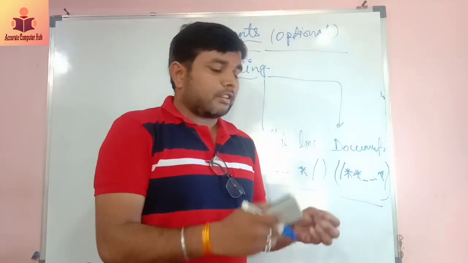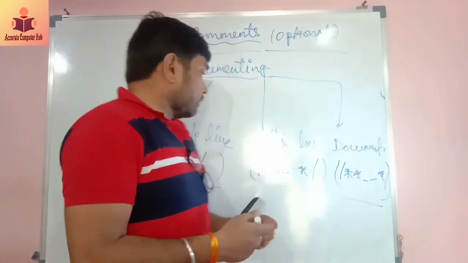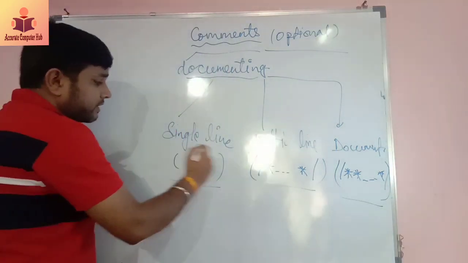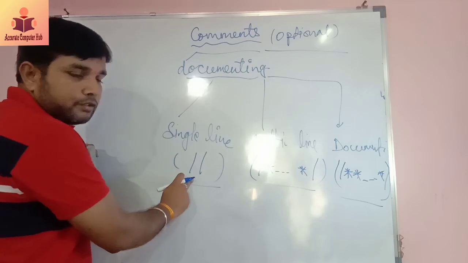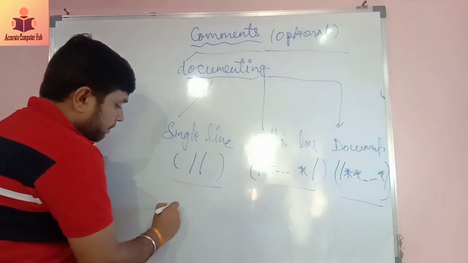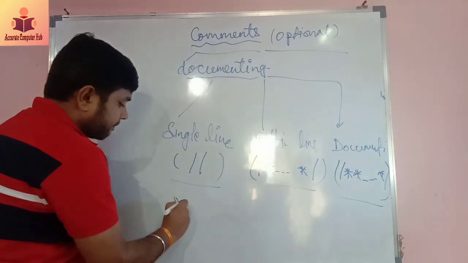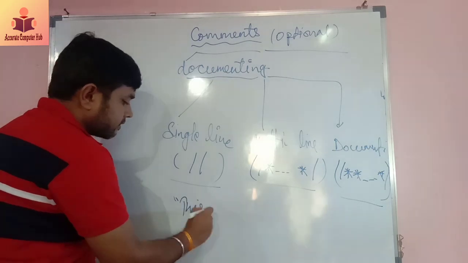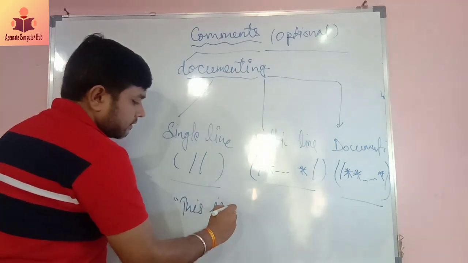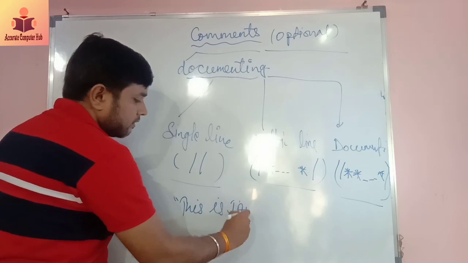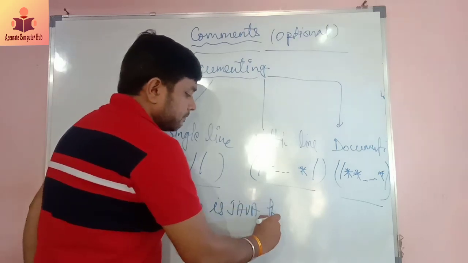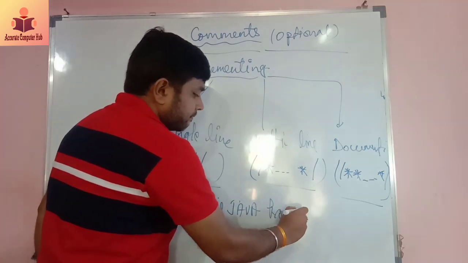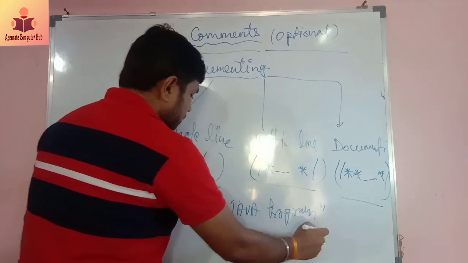Now how can we use these comments? If you want to make one single line a comment, then you have to use double slash. For example, if I am writing this is Java program, this is only a single line.